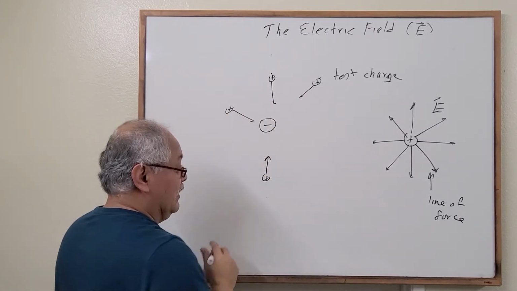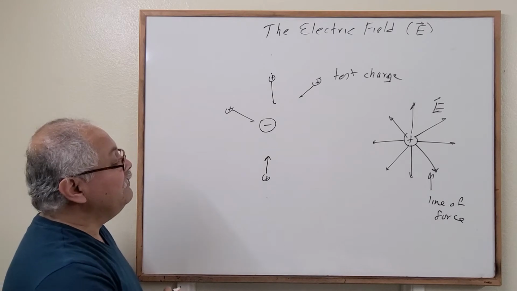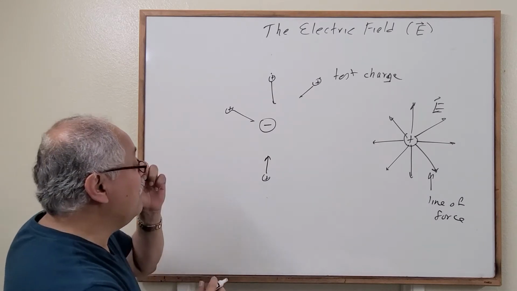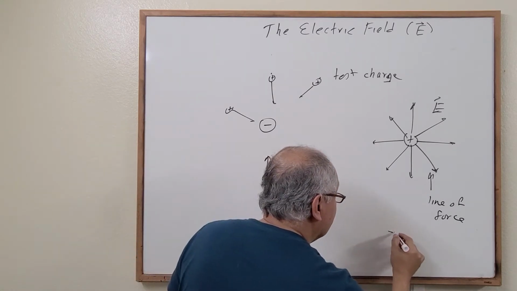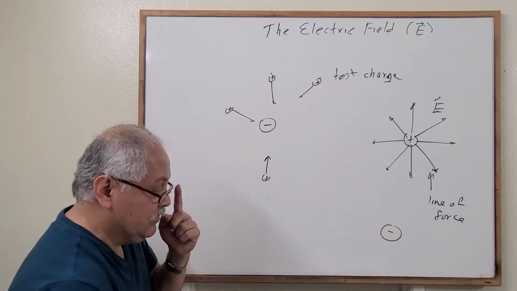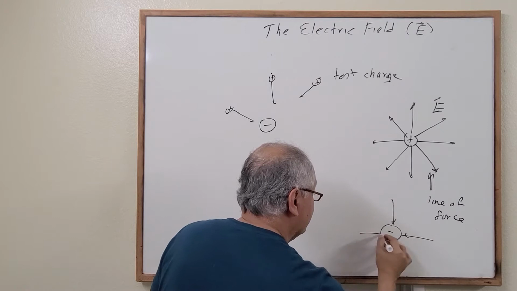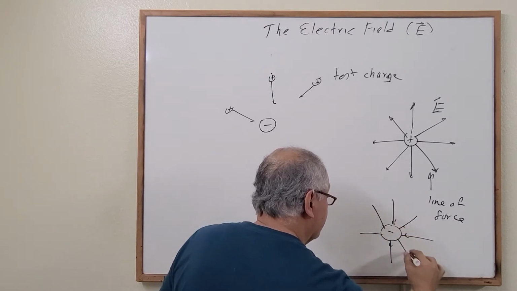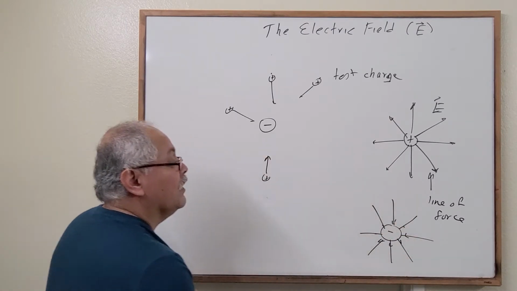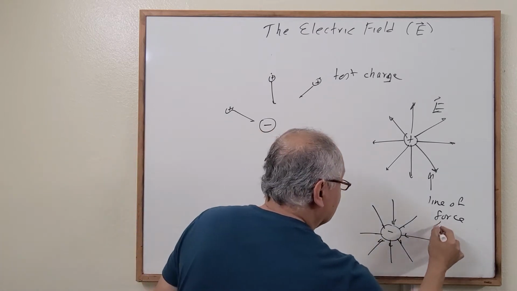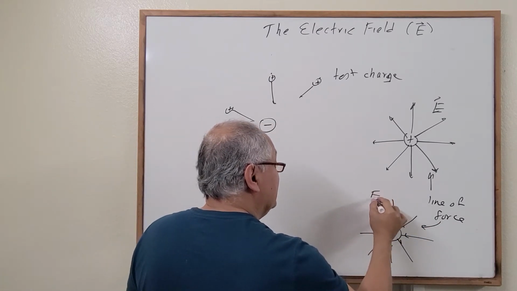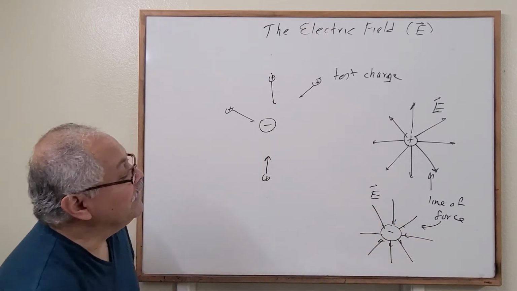So it goes in that way. Perfect. So how is the electric field for this negative charge? Well, it goes in this way. And again, these are the lines of force, and this is the electric field for a negative charge.